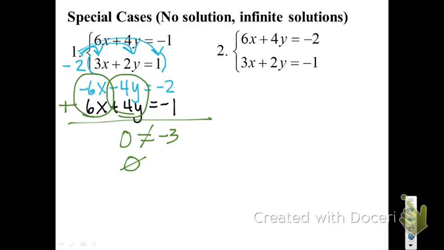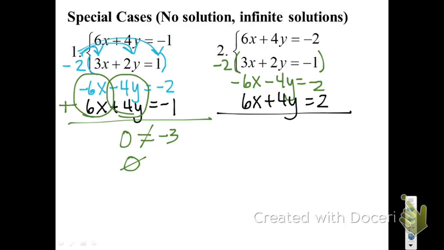As we look at the second equation, same idea. I want to get these x's to be opposite, so I'm going to multiply by -2. I get -6x plus a -4, or minus 4y, equals -2 times -1 is 2. Then I'm going to rewrite the top equation right below that.